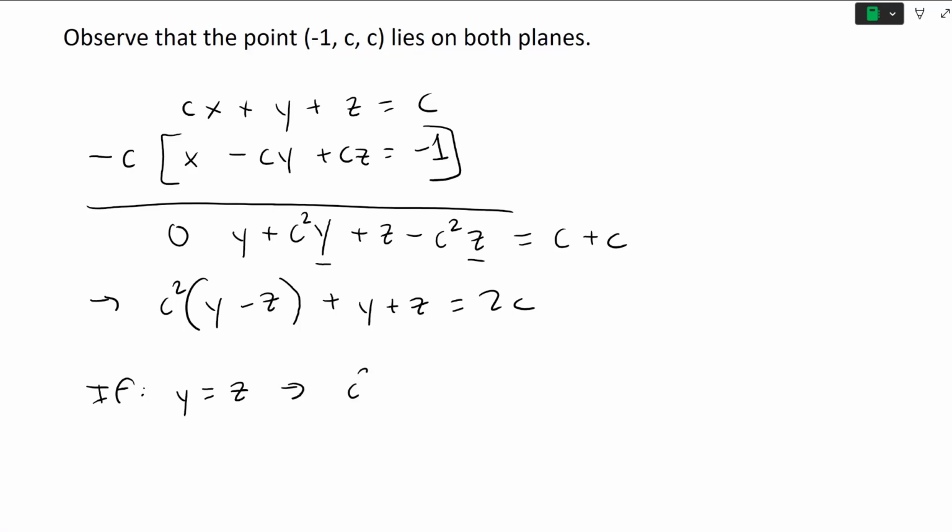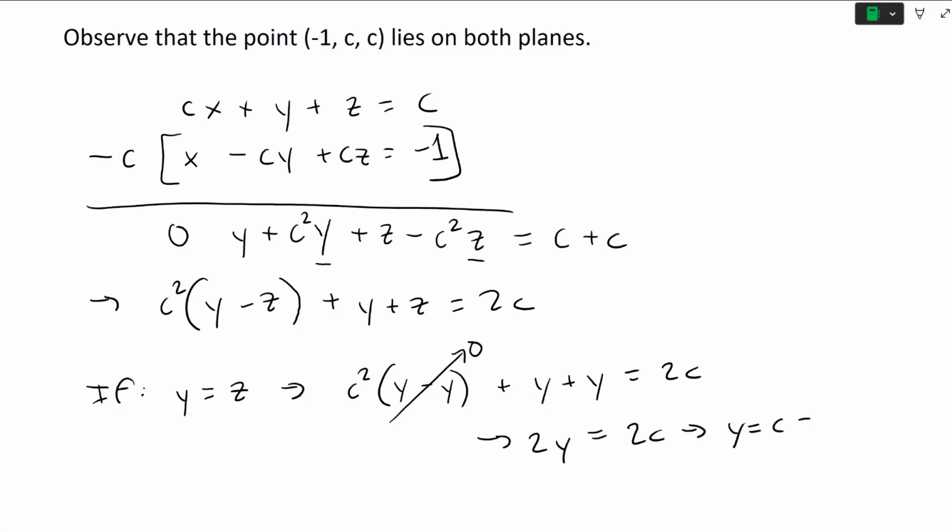Then C squared times (y - y) vanishes to 0, and we have y plus y, so 2y = 2C. In other words, y = C = z.